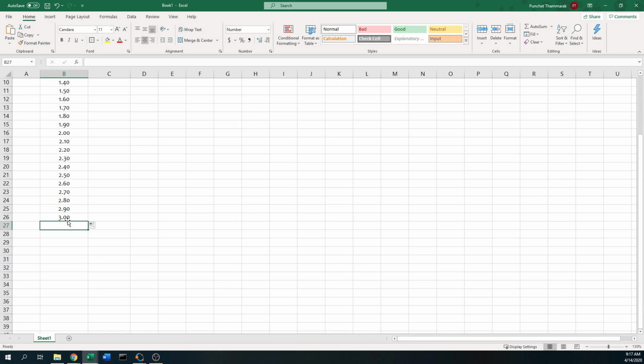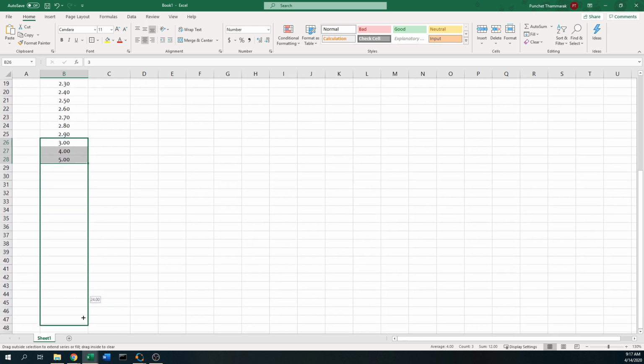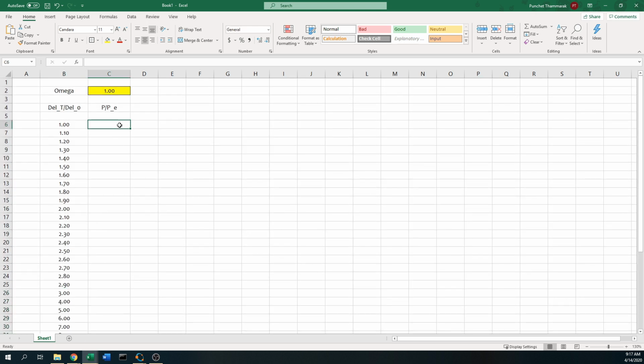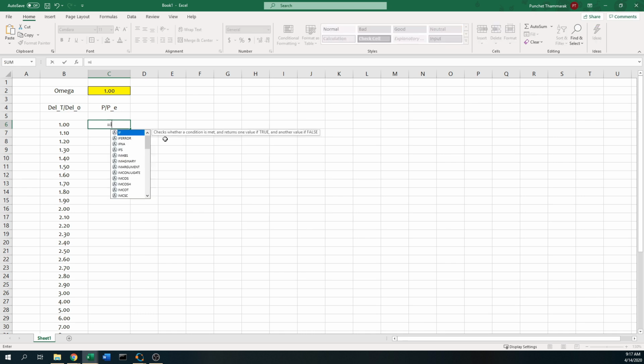Then 4, 5 to 20. Now this expression is going to be, if the P over PE is coming from the omega, which has to be pinned. So I pinned the cell like this, multiply by 1 minus delta naught over delta t, but over here is a delta t over delta naught, so 1 divided by this.